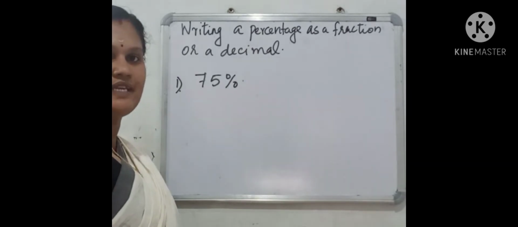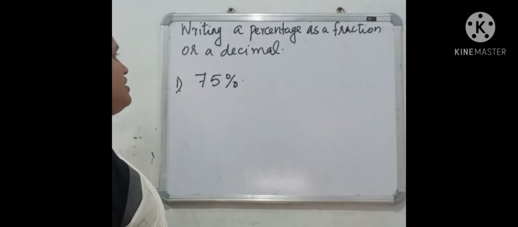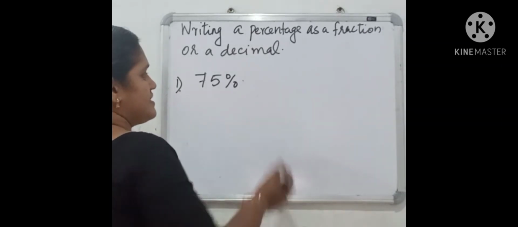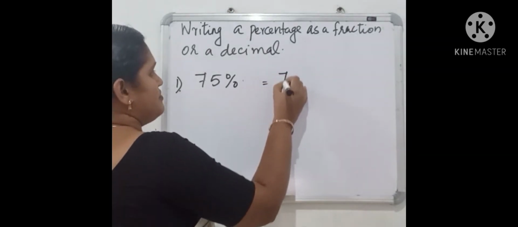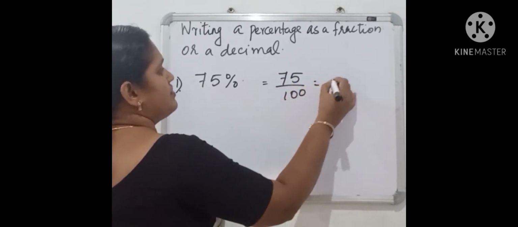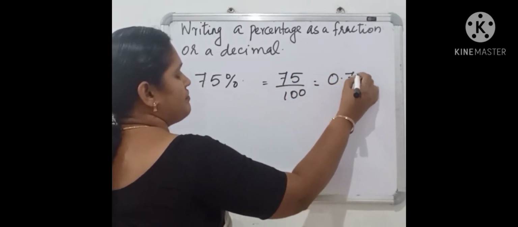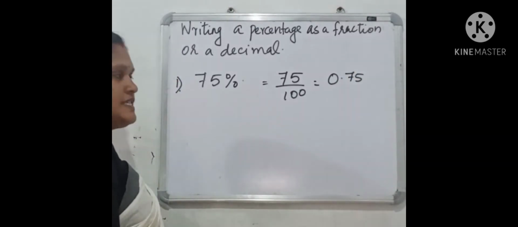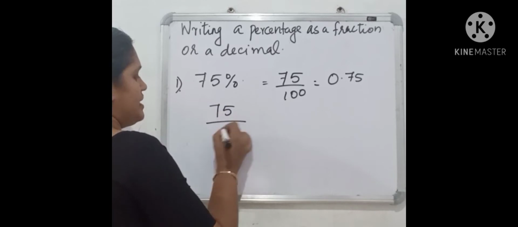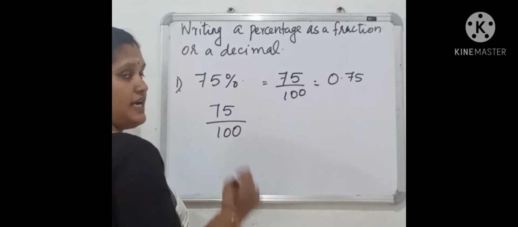Writing a percentage as a fraction or a decimal. 75%. 75% means 75 by 100, which is equal to 0.75. This is the decimal form. 75 by 100, we can cut both sides.